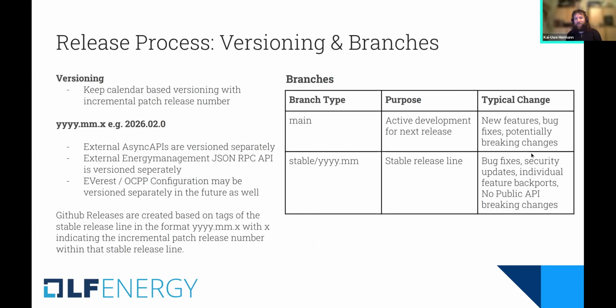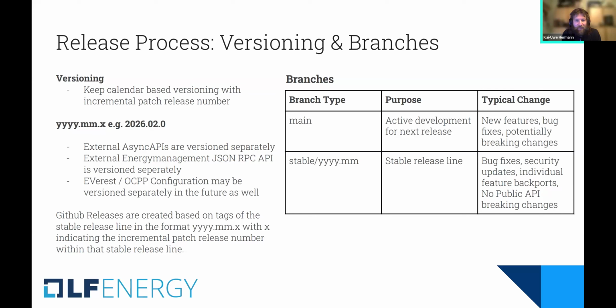And probably the most exciting part of this new release process is the way we're going to version things. Not much will change from the outside, I would say. We will keep the calendar-based versioning that we already have: year, month, and patch release number.